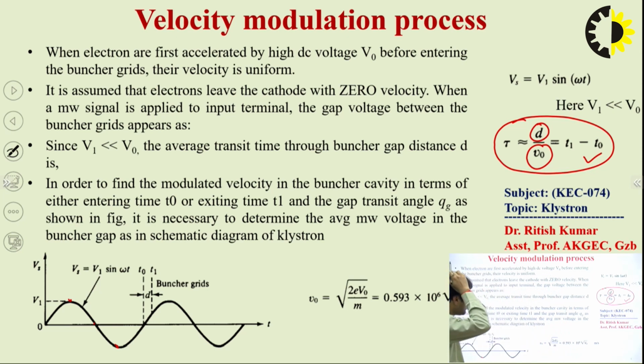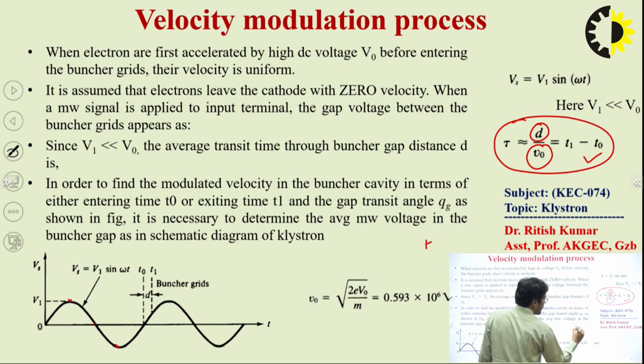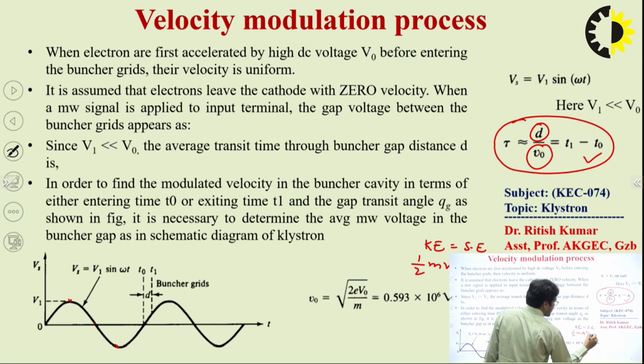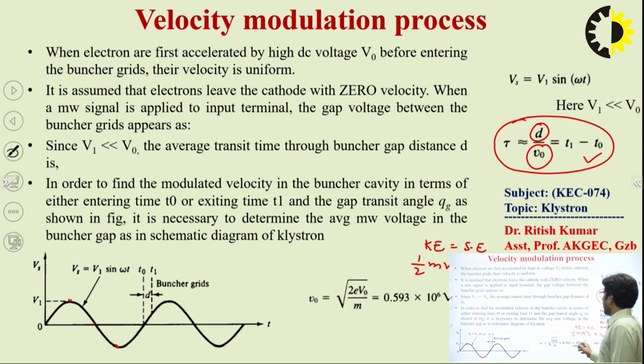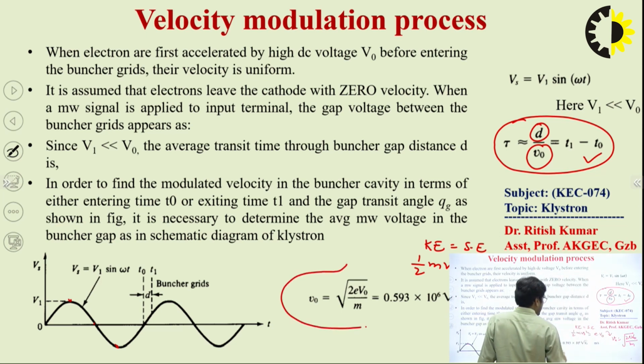As we know, the kinetic energy is equal to the electrostatic energy, so half m v naught square is equal to E into V naught, because we have applied the DC voltage V naught. From this equation, v naught is equal to the square root of twice E V naught by m.